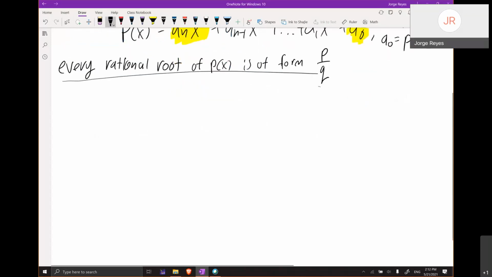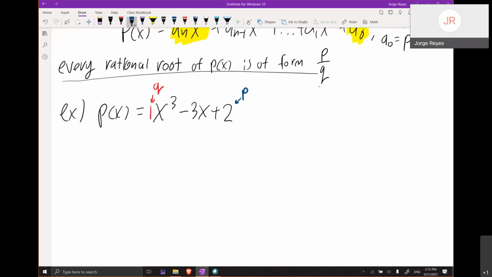So let's start off with an example. Okay, so p of x in this case is x cubed minus 3x plus 2. So q is the number 1, and p is 2. To do the rational roots theorem, we normally form p over q, and it's this set, because we're talking about factors here. So q is 1, so we're just going to have plus and minus 2 and plus and minus 1.